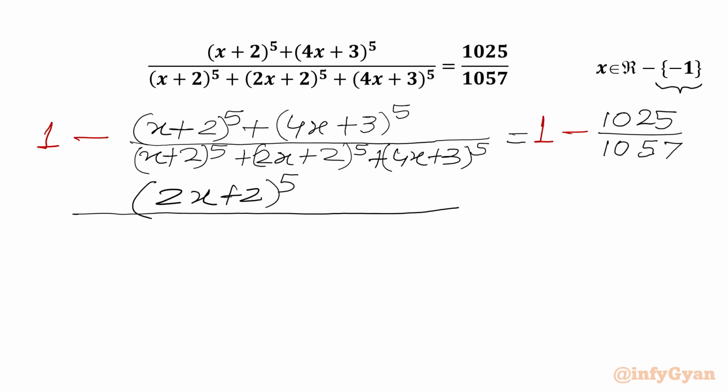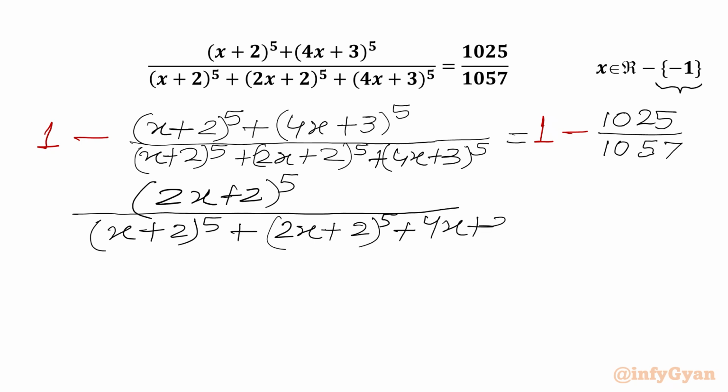Denominator will be as it is, (x plus 2) whole power 5 plus (2x plus 2) whole power 5 plus (4x plus 3) whole power 5. And RHS will become 1057 minus 1025. So 25 plus 7, 32 over 1057.